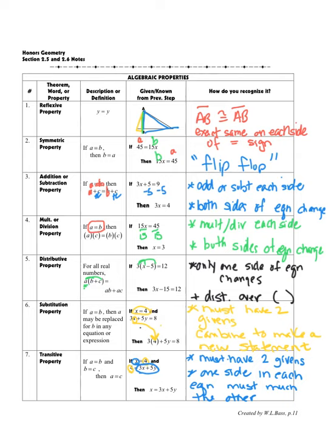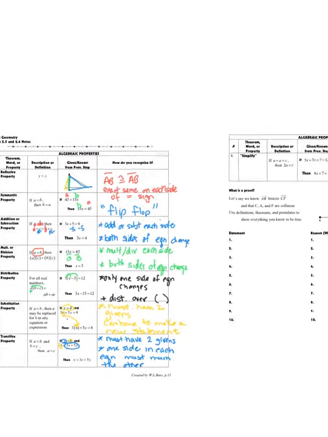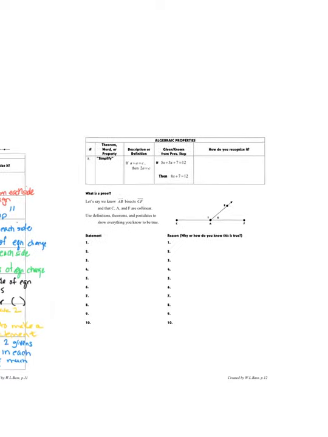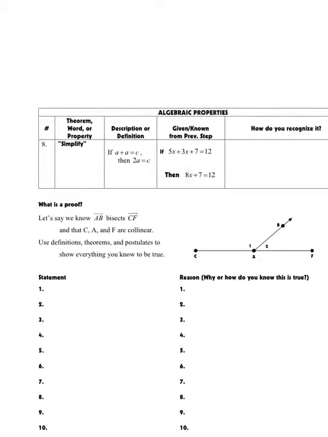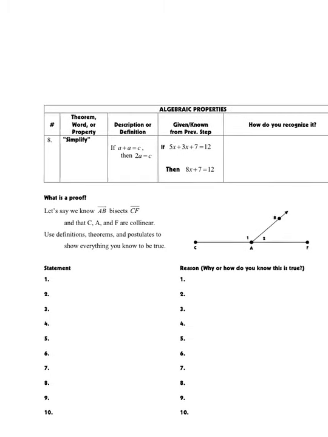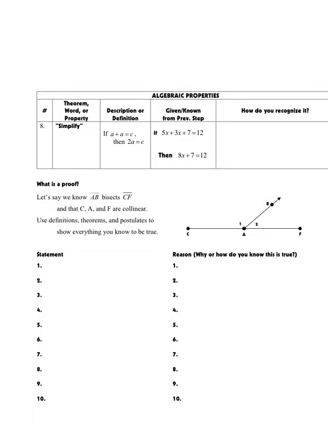And so we have one last algebraic property that we want to look at that is on the next page. And that is for simplify. And our description here, if a plus a is equal to c, then 2a equals c.